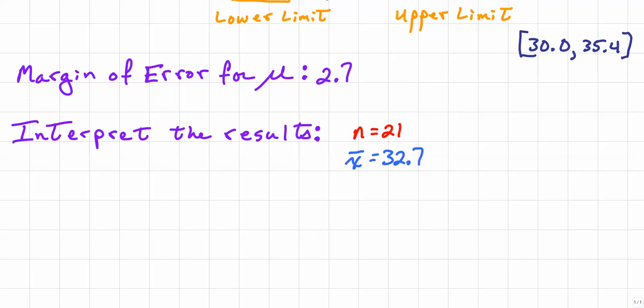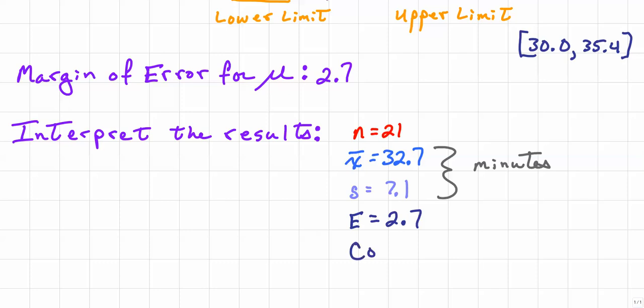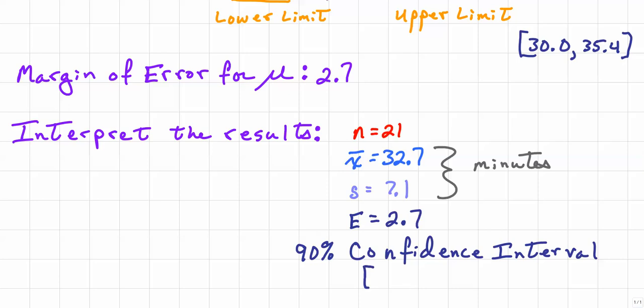We also know that the standard deviation is equal to 7.1, and both of these are in minutes. Then we calculated error, and the error is equal to 2.7 when rounded. And we ended up with a 90% confidence interval that went from 30 minutes up to 35.4 minutes.